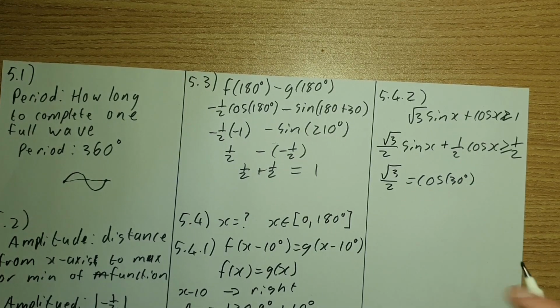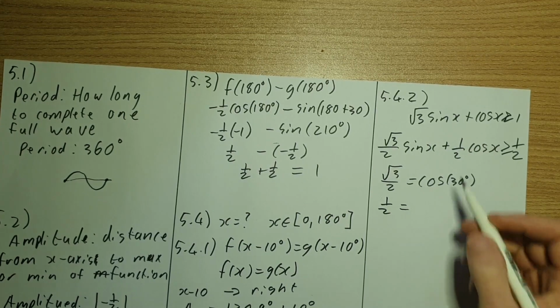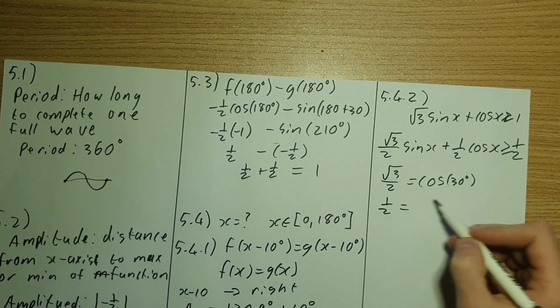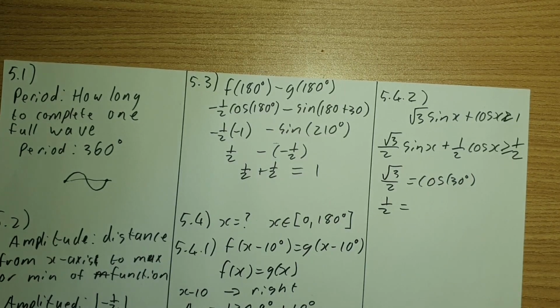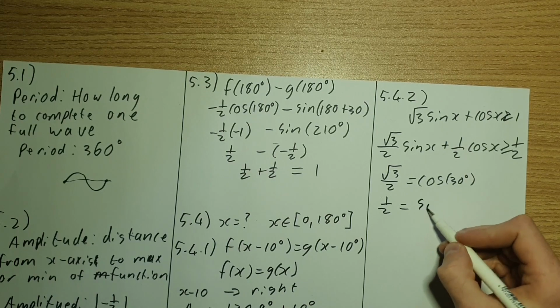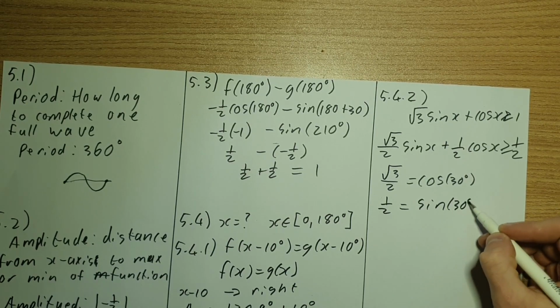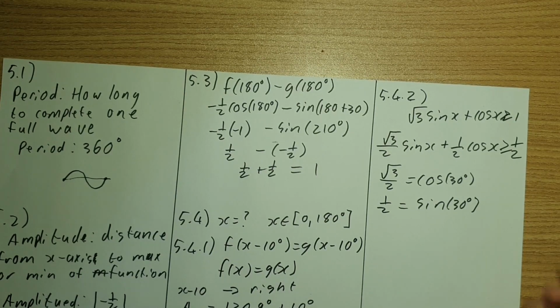Okay, and a half, in this case what we're looking for, is something that's going to match this cos 30 degrees, but we need a sine value, and I'll show you now why. So if you remember from your special angles, a half is going to equal sine of 30 degrees. Okay, now let's substitute that in and see what we get.